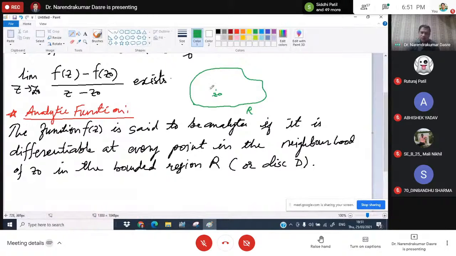So it may be the region, or it can be guaranteed that the function will always be analytic, or that the function will not be analytic.